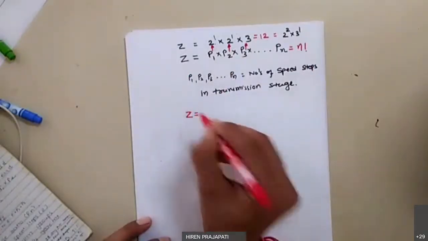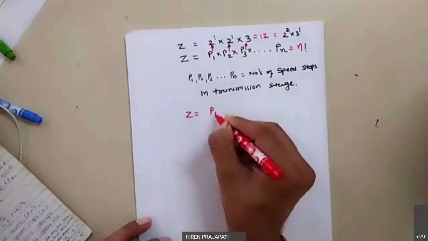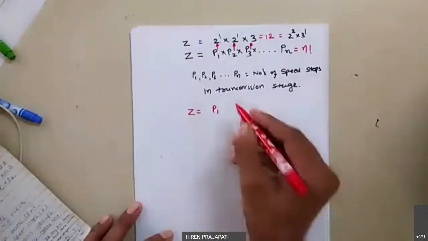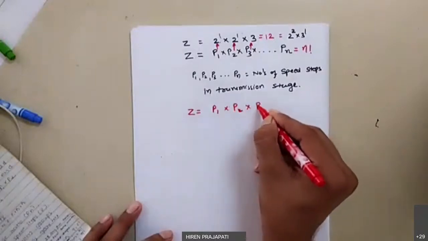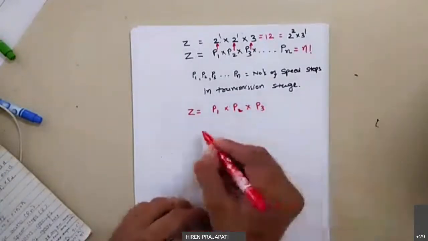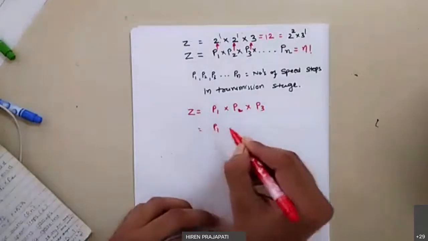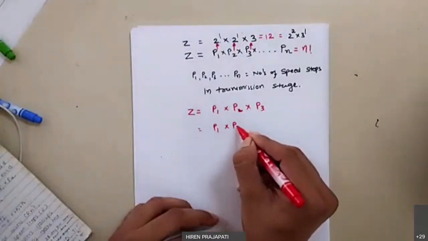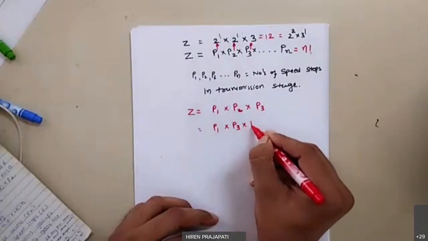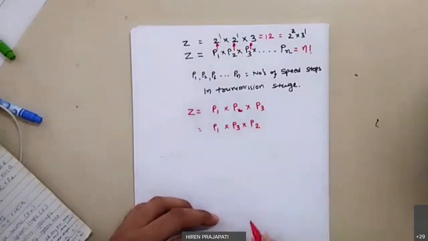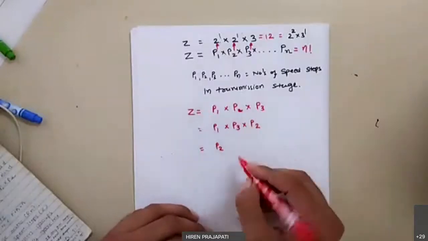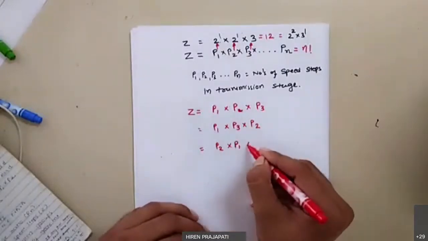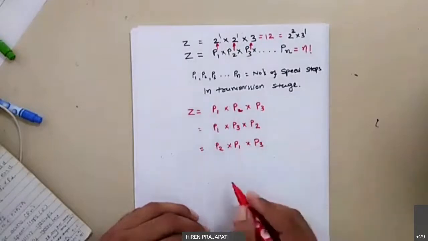Suppose you write here for Z, if it's P1 cross P2 cross P3, then it can also be written as P1 cross P3 cross P2. It can also be written as, suppose I take P2 first, then P1, P3.